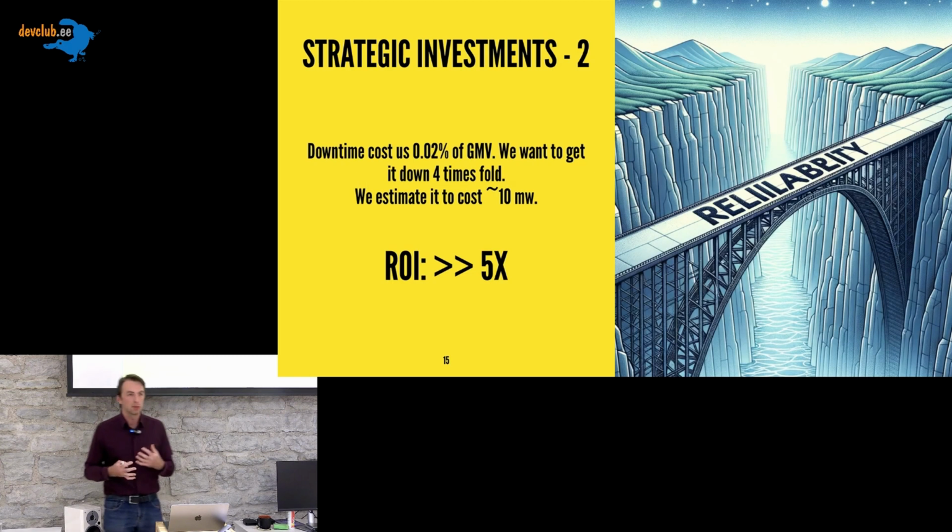Another strategic investment that is not executed yet, but planned, just to show how we do those things, is the investment in reliability. Right now, we see that the downtime cost for us, just downtime, is 200% of GMV. And this can look small, but GMV, or revenue. What is that? What is GMV? Yeah, I'm explaining.